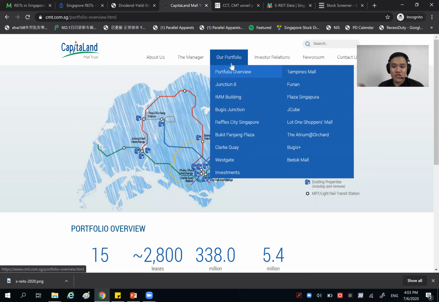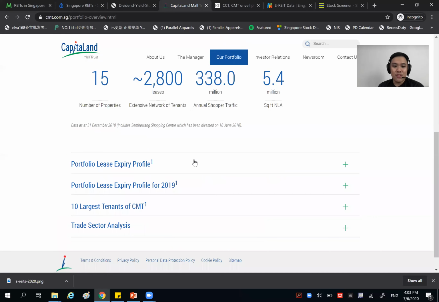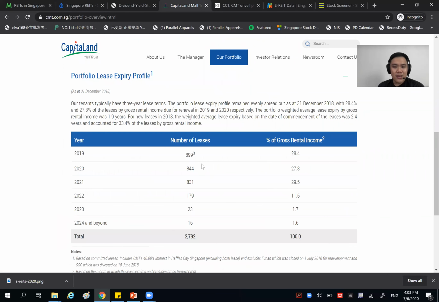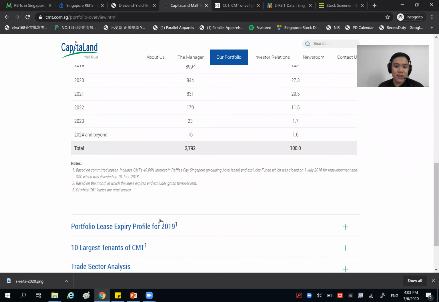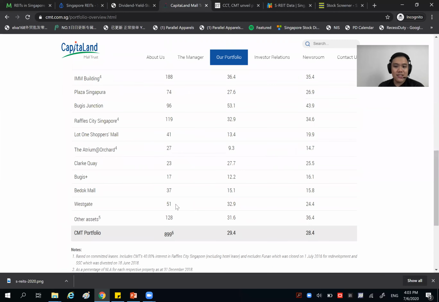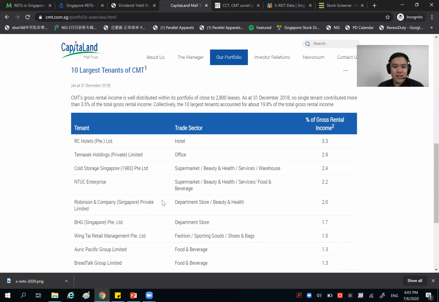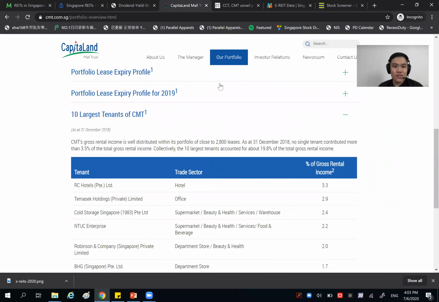So it's a good mixture of heartland malls and malls in the CBD area. If you really like these properties and you think that they are doing really well, then you want to look further into what the REIT has. In the company financial records, you can pick up a lot of things like tenancy occupancy rate, who the larger tenants are, the price to book ratio, and things like that.